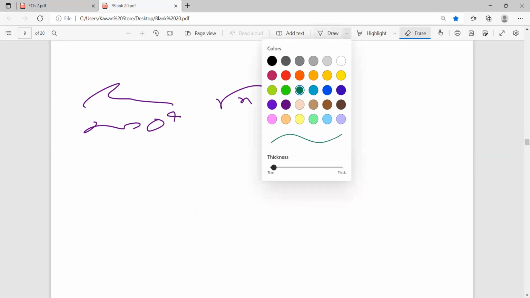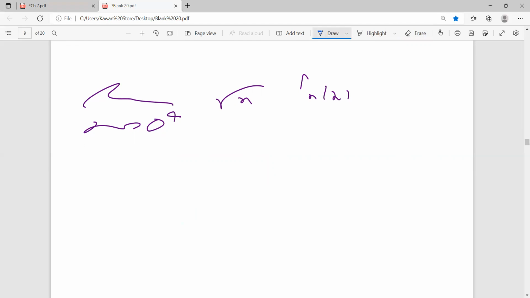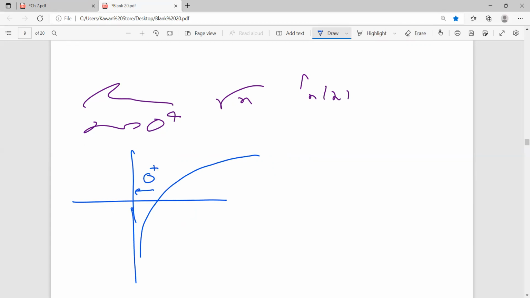Now, if I substitute, I'll get what, dears? Again, I'm going to 0 from the positive part, so the result is going to where?